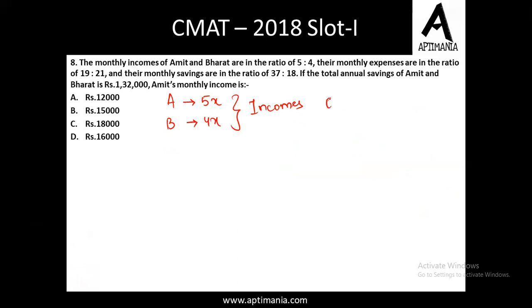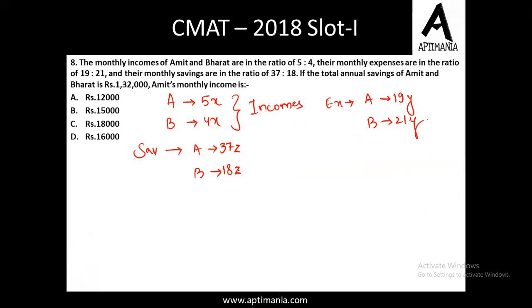So in terms of expenses, let it be 19y for A and 21y for B, right? Their annual savings are in the ratio 37:18. So talking about their savings, for A it can be 37z and for B it can be 18z, right? These are their monthly savings.